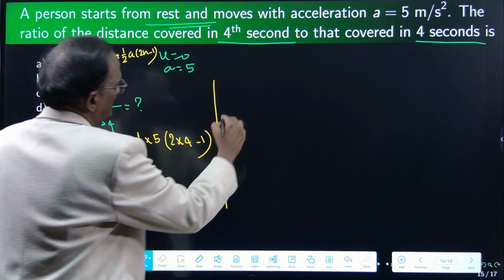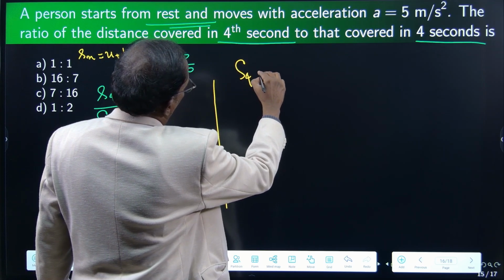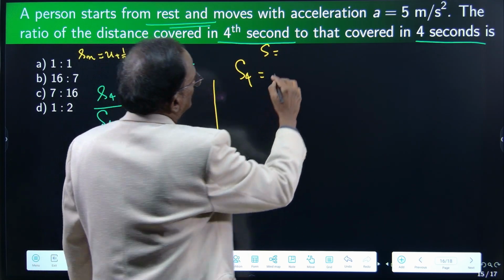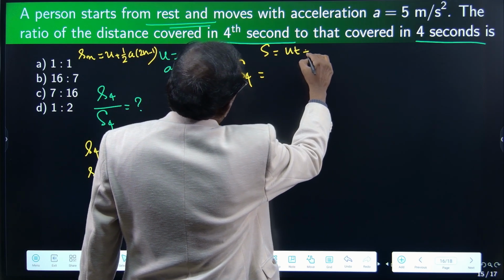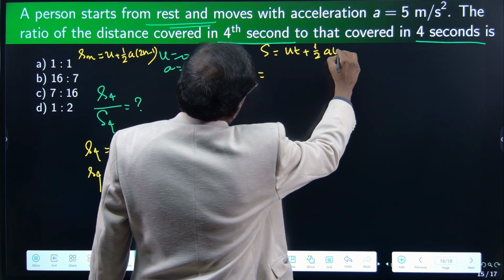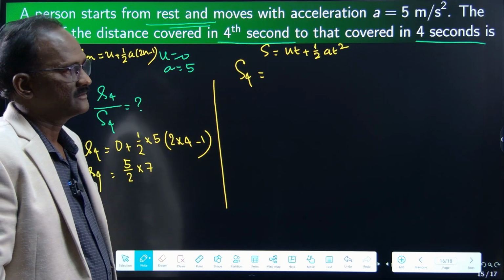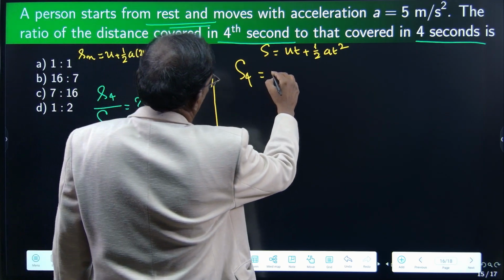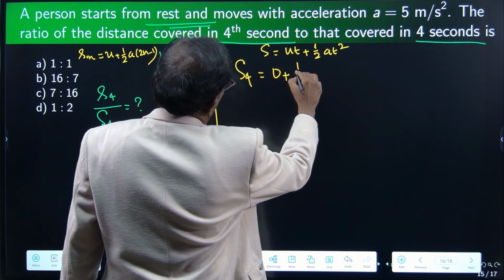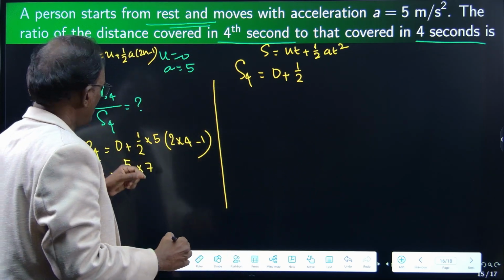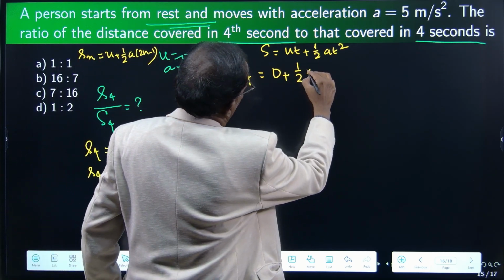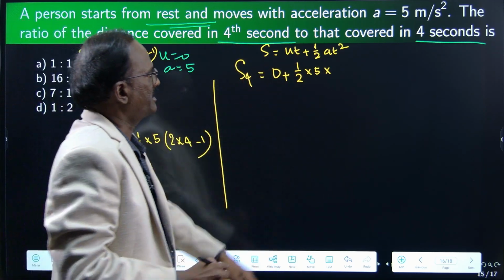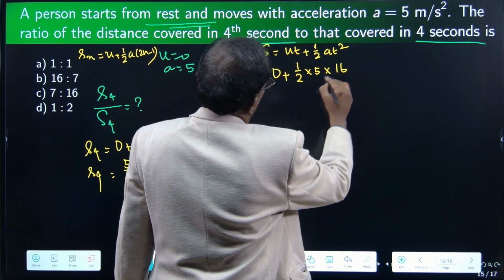Then capital S suffix 4. What is the formula for it? For big S, ut plus half a t square. From the list of kinematic equations, u is equal to 0, starting from rest, a is equal to 5, t square is 4 seconds, 4 into 4, 16.